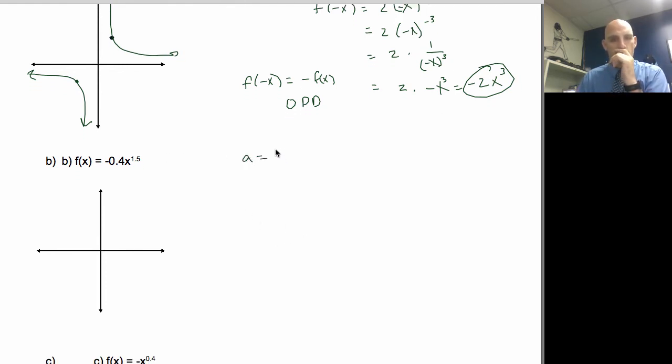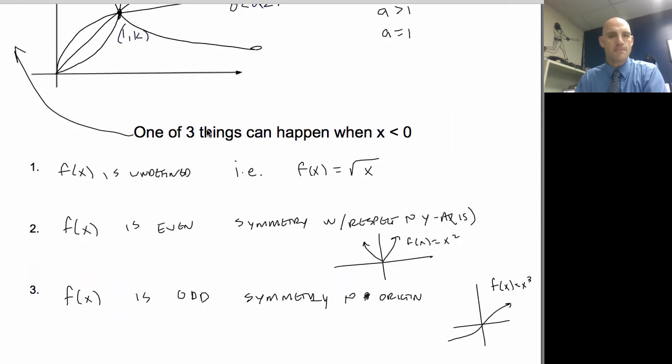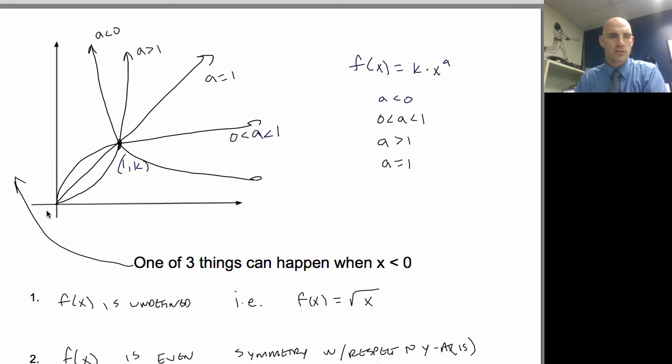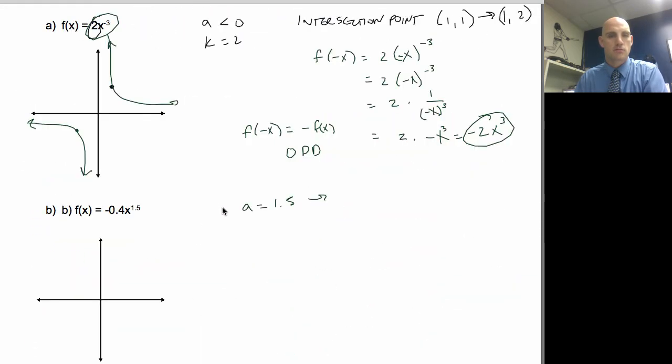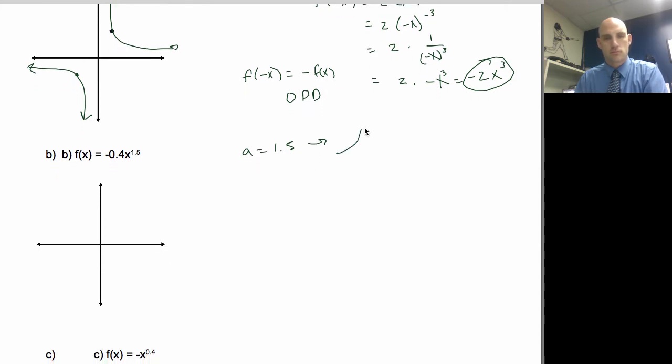My power is 1.5. So that means that it's greater than 1. So it's looking like this, right? That's what my curve is going to look like. My k is equal to negative 0.4. So if it went through 1, 1, then that means it's going to go to 1, comma, negative 0.4, right?